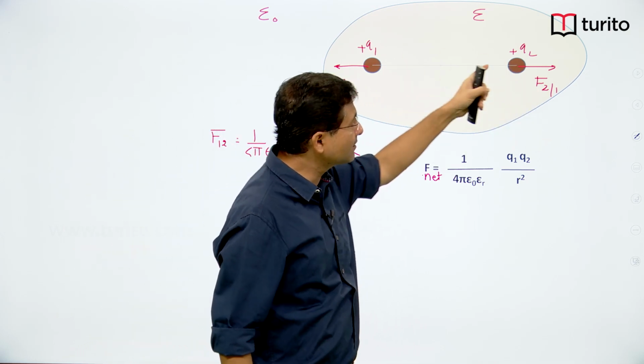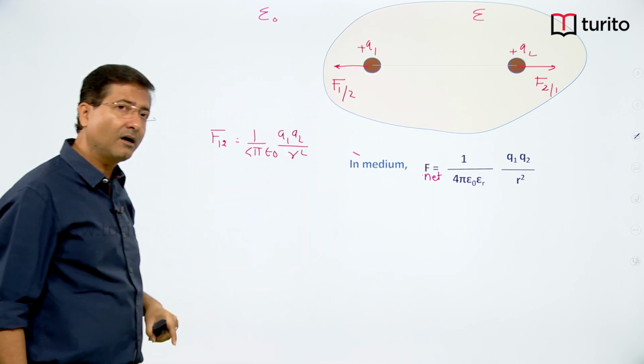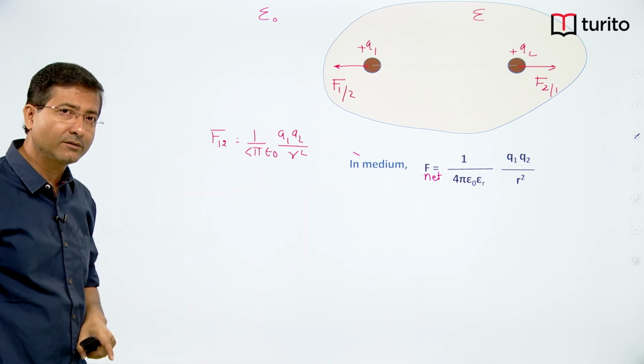If I am considering plus charges, they will be along the line joining, away. Still they have the same magnitude, right?